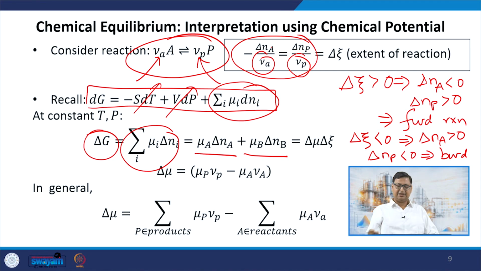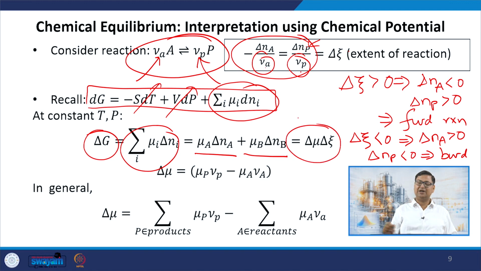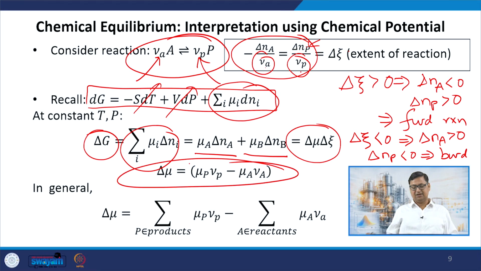And since delta Na is nu A times delta zeta, and delta Np is nu P times delta zeta, we can in fact write delta G, by small arithmetic manipulation, as delta mu times delta zeta, where delta mu is defined as something like this: mu P, the chemical potential of P, multiplied by the stoichiometric coefficient of P, minus mu A, the chemical potential of A, multiplied by the stoichiometric coefficient of A.